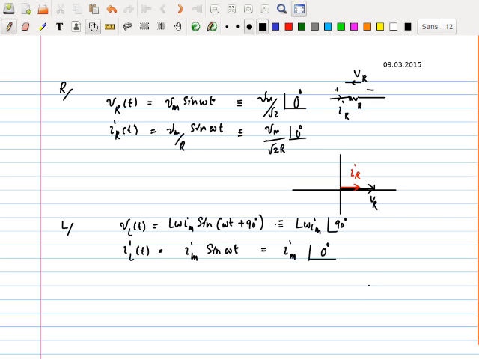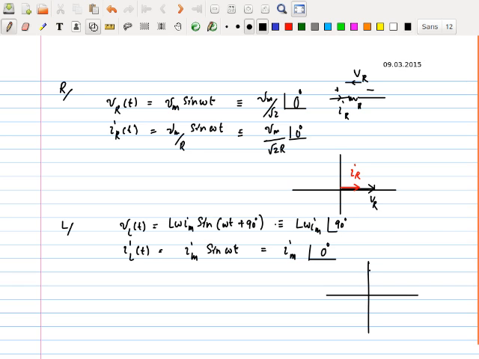Draw the phasors. How do I draw the phasors? Draw the xy axes. First take this one. You have a certain amplitude with this angle, which is 90, and you know that the angle increases in the counterclockwise direction.